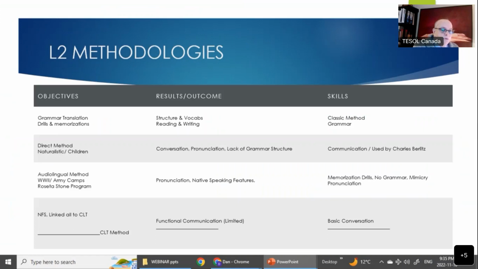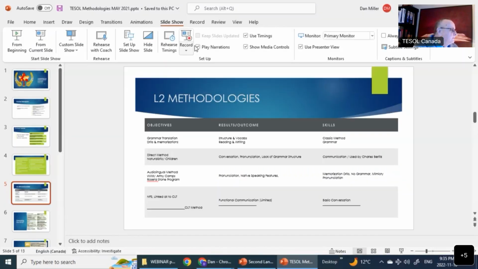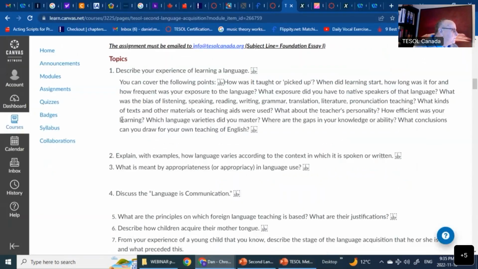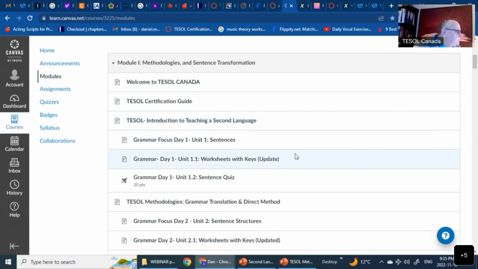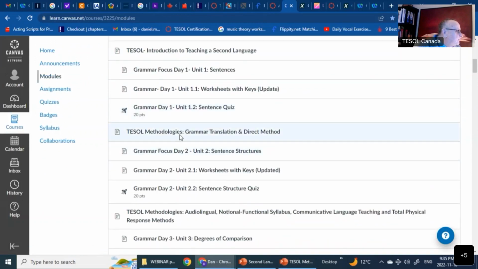And I'm just going to go to the Canvas platform again here for a moment. Because on the Canvas platform, under modules, we see the grammar translation and direct method right there after day 1.